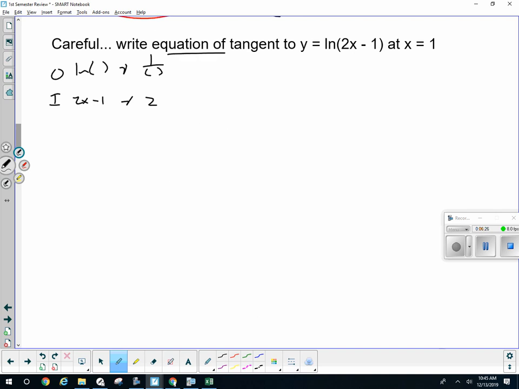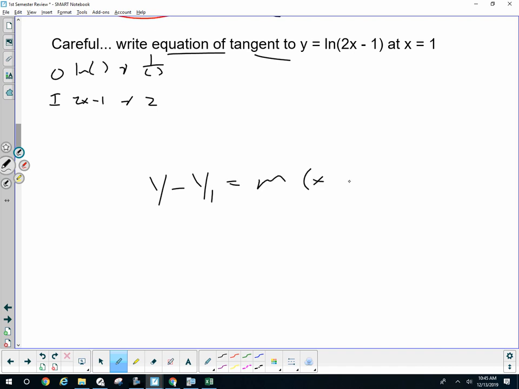We want an equation of a tangent line, so I have y minus y1 equals m times x minus x1. Make sure you know this is like y of 1, this will be 1, this will be y prime of 1. So y prime will be 1 over 2x minus 1 times 2.